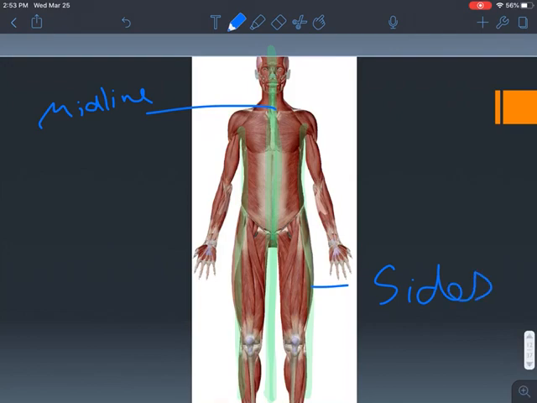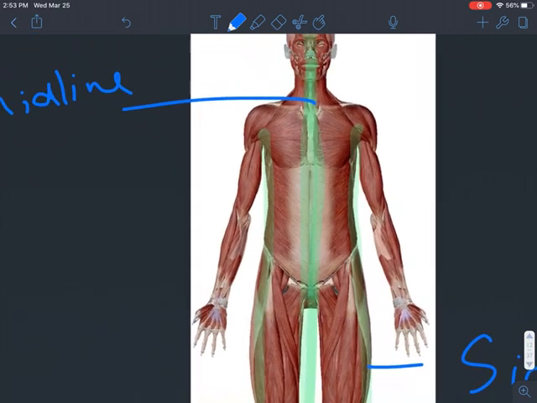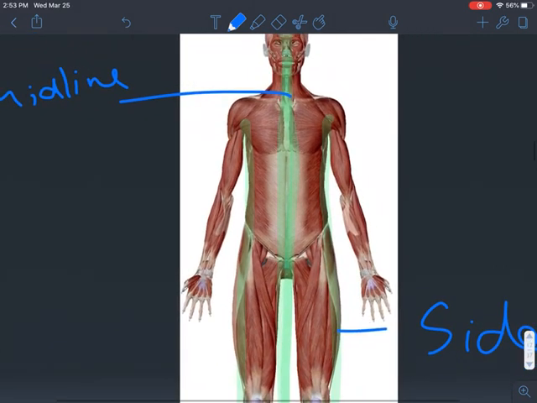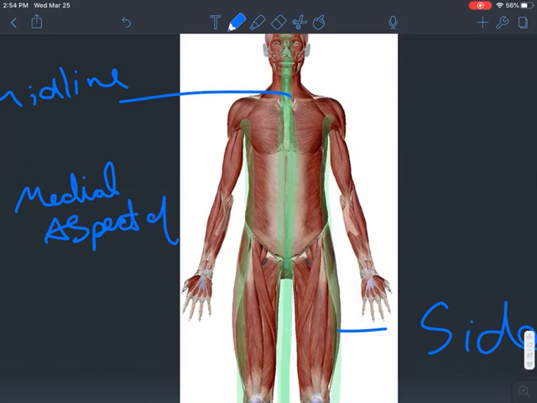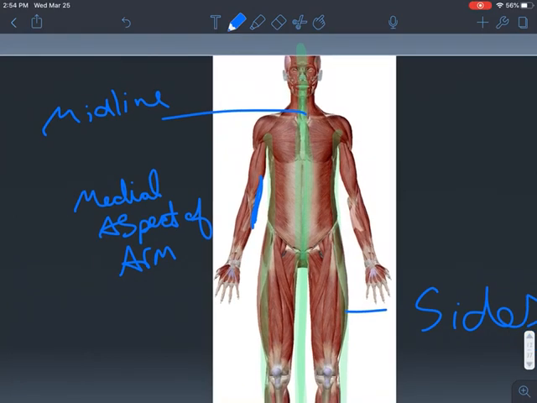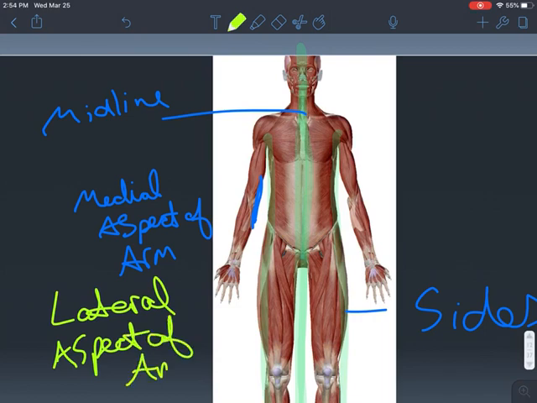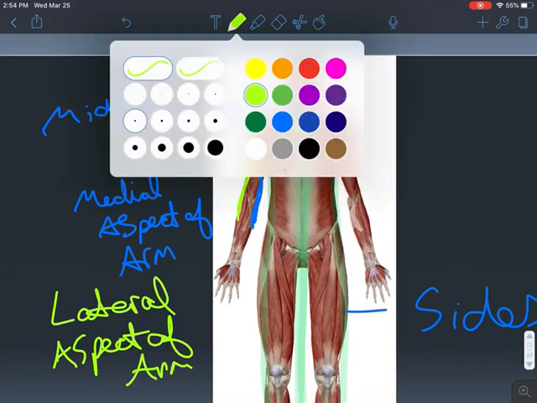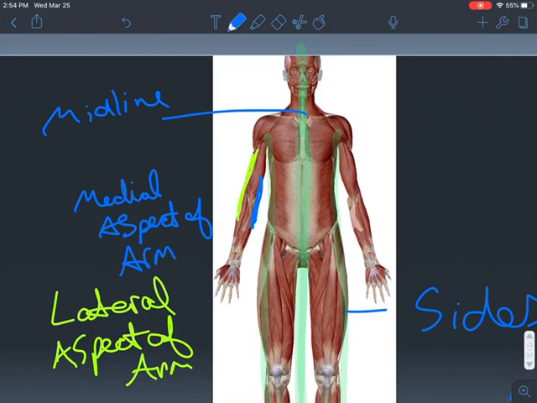So if we wanted to talk about the medial aspect of the arm, so the medial aspect of your arm would be here. Okay, where the lateral aspect of your arm would be here.